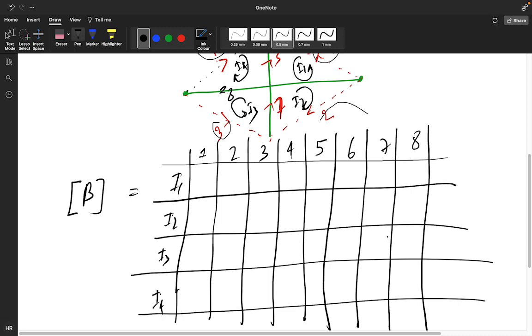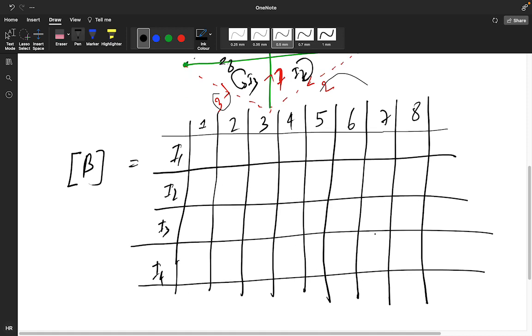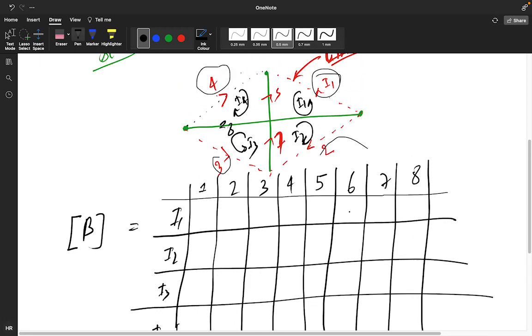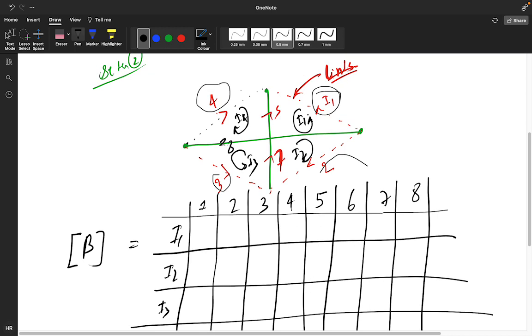Okay, now you have to develop the tieset matrix. So how will you make the tieset matrix? See, this is your I1 current. So if the I1 current is this, how is it following the fifth branch?